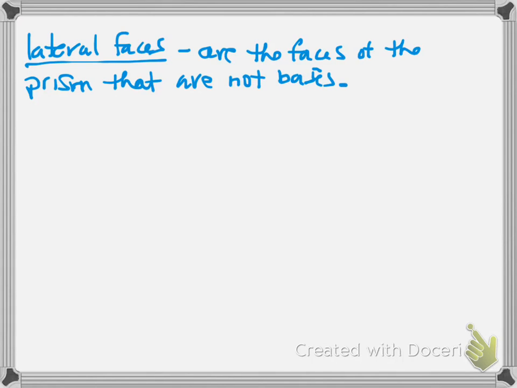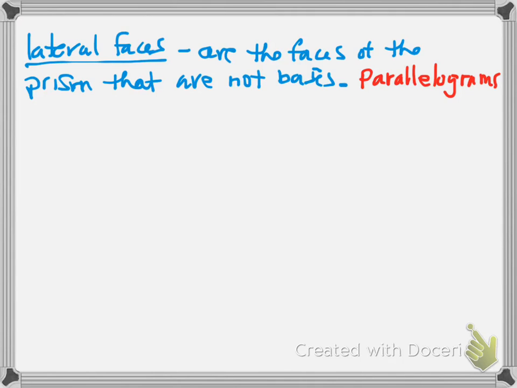Now, faces is short for surfaces. Okay, so they're just surfaces of this shape. Now, all of them are parallelograms. All the lateral faces are parallelograms. Depending on the kind of prism you have will determine what those parallelograms look like.